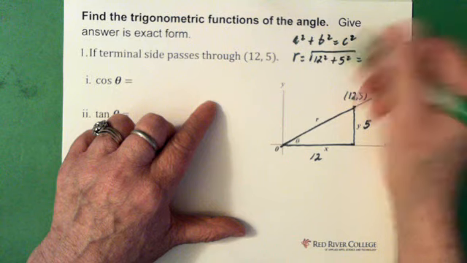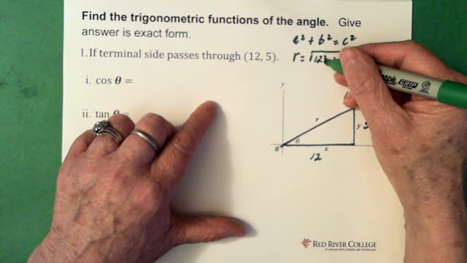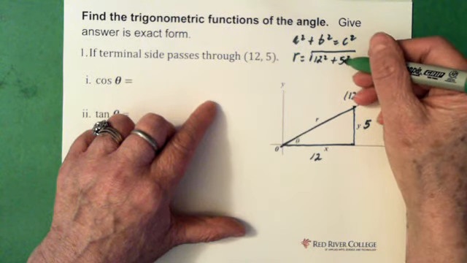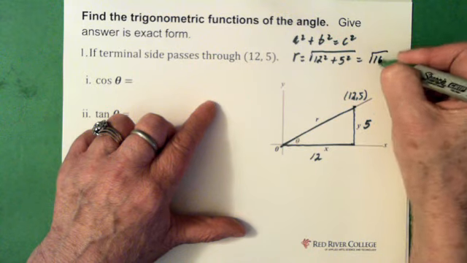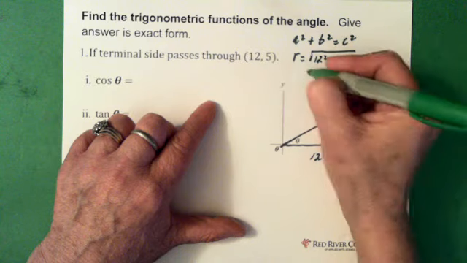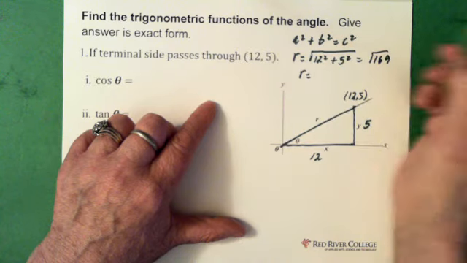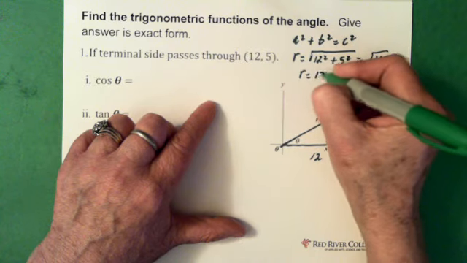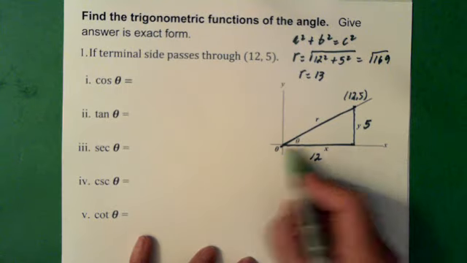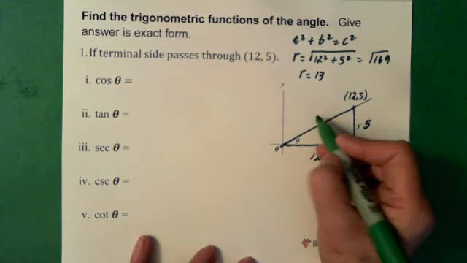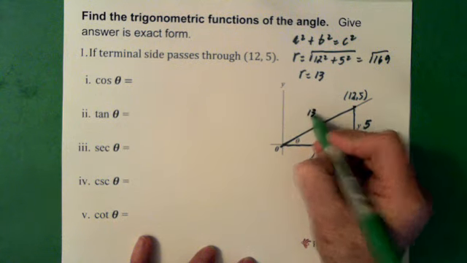That's the square root of 144 plus 25, which is the square root of 169, and we end up with r equaling 13. So here we have 12, here we have 5, and at this point we have 13.